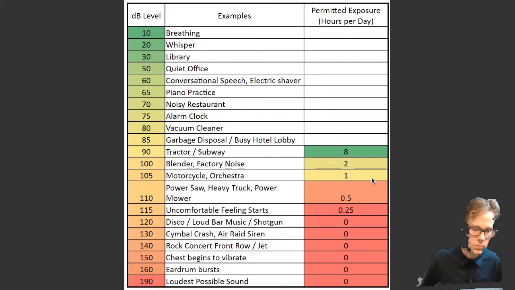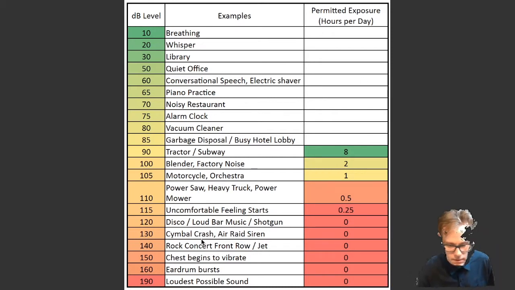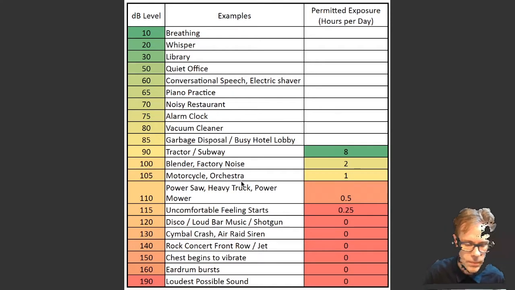Anything beyond that would be considered dangerous and you could damage your hearing. And here at 160 dB SPL, your eardrums would instantaneously burst, so I would say that's too loud. Apparently, according to this chart, 190 dB SPL is the loudest possible sound.